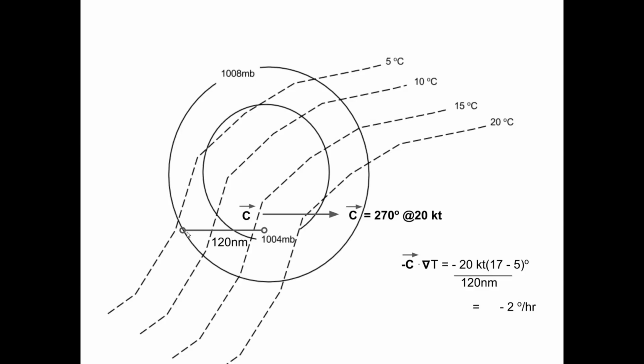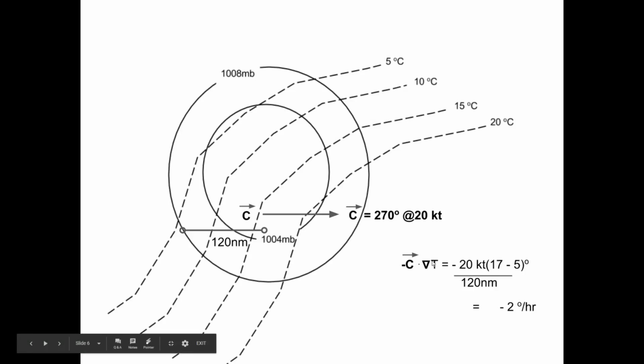The difference in temperature between these 2 points is 17 minus 5 degrees. The distance, the delta x, would be 120 nautical miles. And we multiply that by the wind speed, in this case the system motion speed, 20 knots. And sure enough, we get the exact same value, -2 degrees per hour.